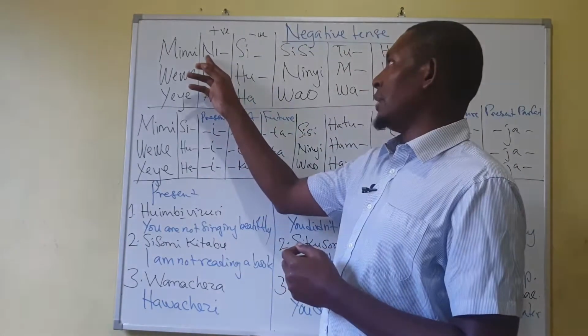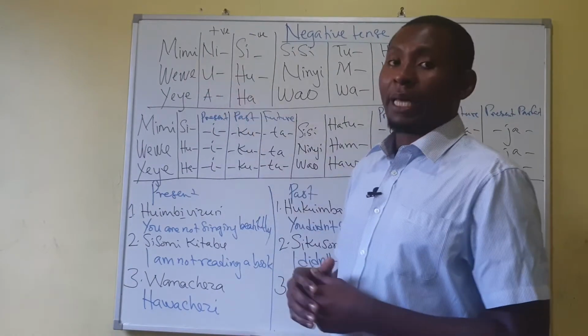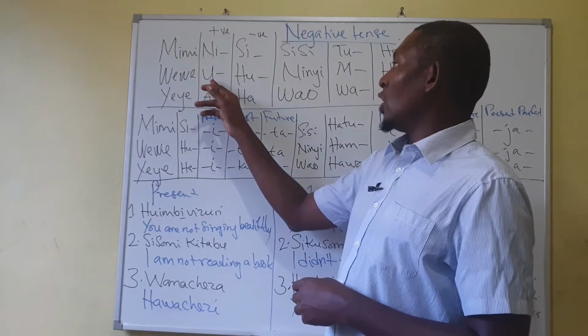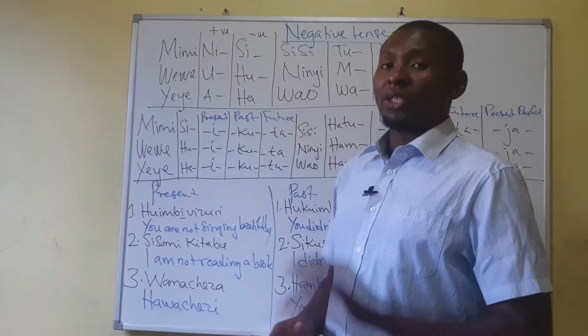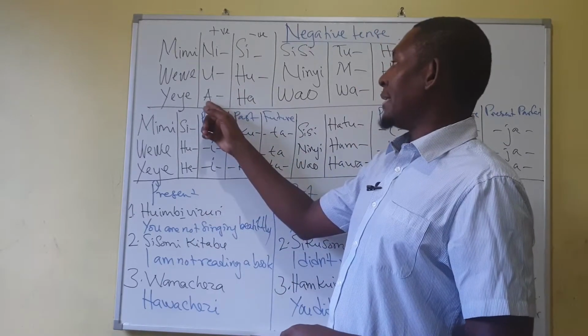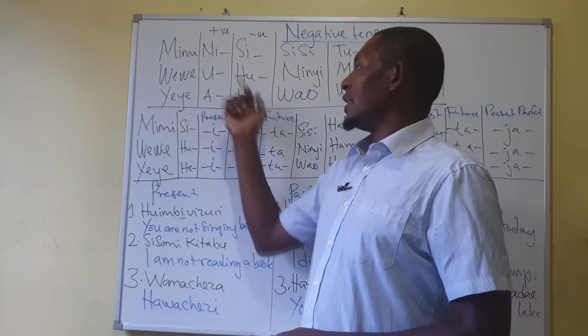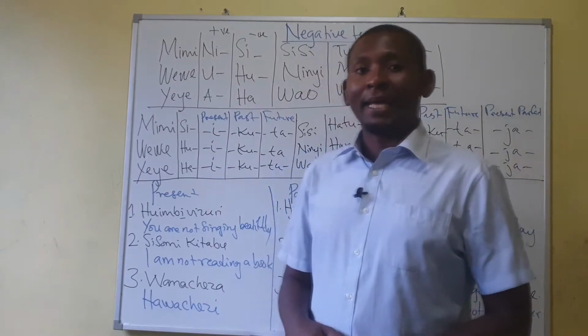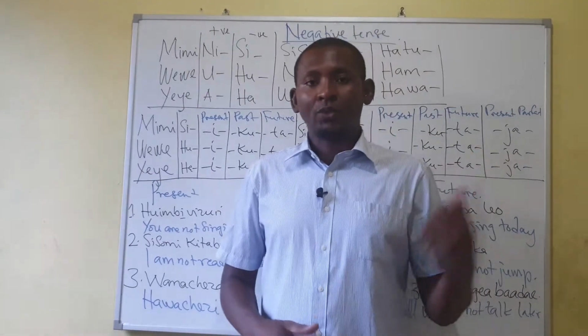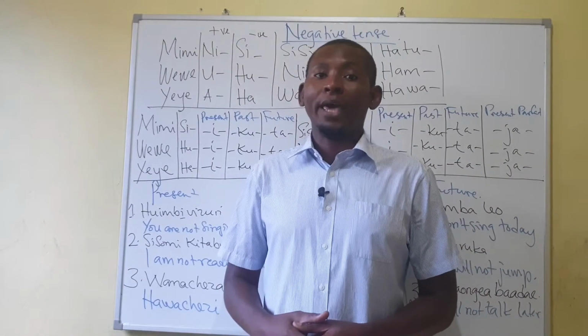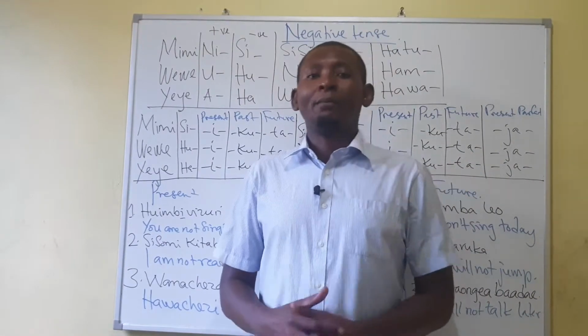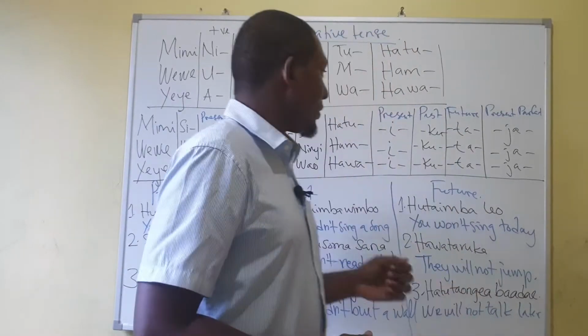For example here, N is replaced by S, and for U, the H has been added, and for A here, the H has been added. H is a very important letter in this lesson, as we are going to see more of H in some other places.